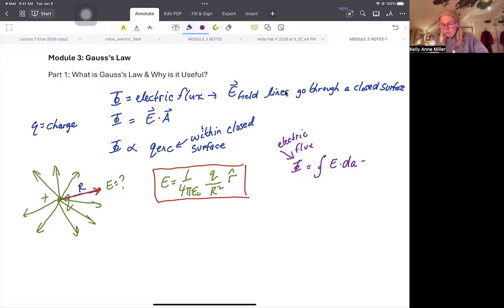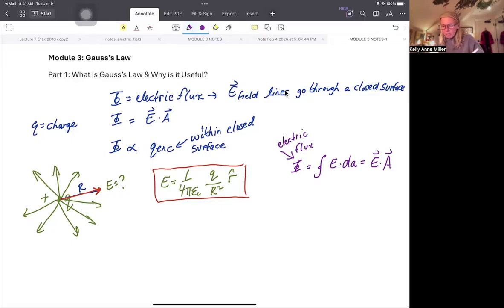This is just another way of writing the dot product between the electric field and the area vector. And remember, the area vector is a vector that is perpendicular to the surface, and its magnitude is proportional to the size of the surface. Again, you saw that in the tutorial. So this is the definition for electric flux.